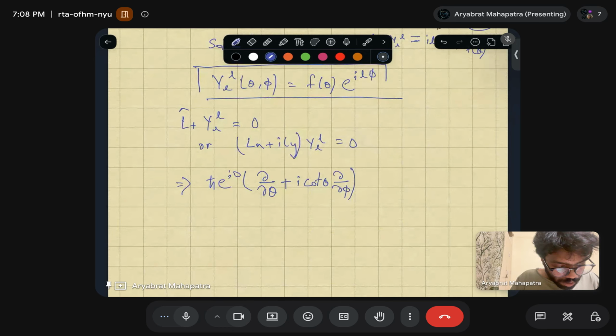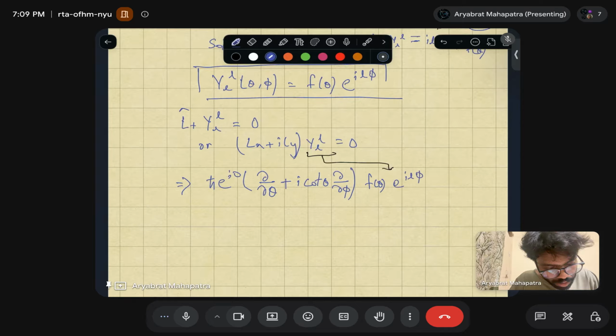Then YLL, as we have found here, will be f of theta exponential I L phi, and this goes to 0.